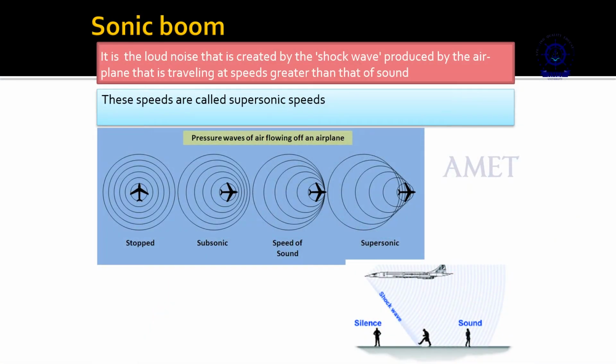Whenever a person is in the field of these shock waves, we hear a loud blast, and once beyond that field we do not hear the sound. This happens whenever a jet plane travels at a velocity much higher than the speed of sound.